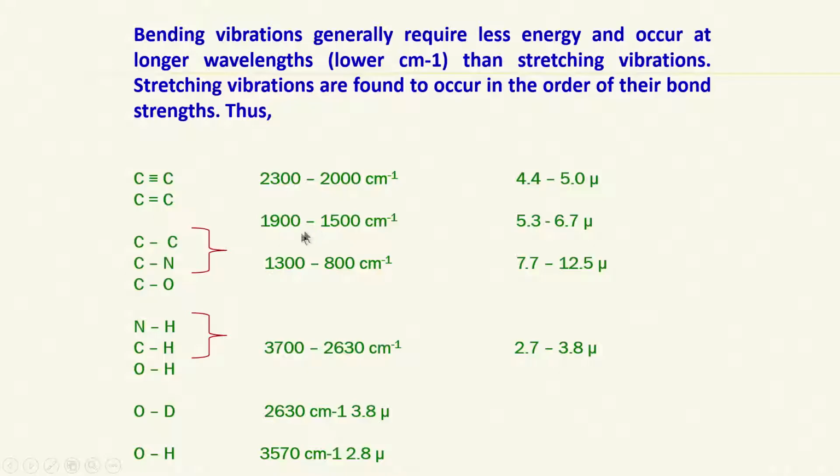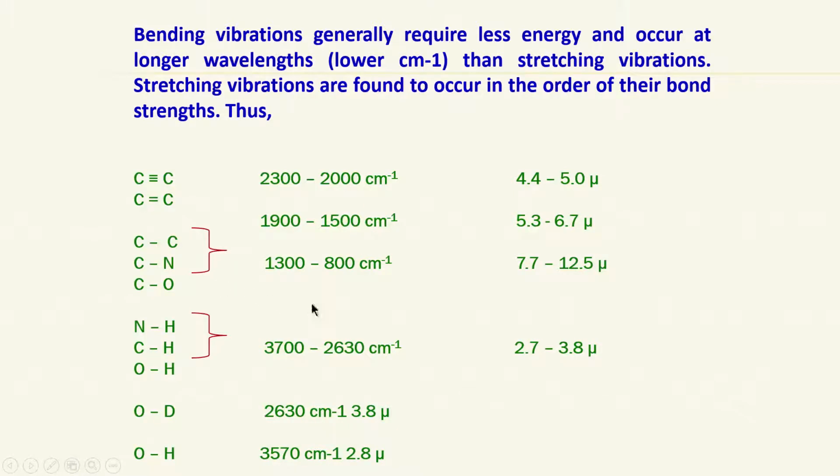Again we go back to this slide. So, the single bond is 1900 to 1500, this is the carbon carbon single bond, and this is the carbon carbon double bond, which is 2300 to 2000.